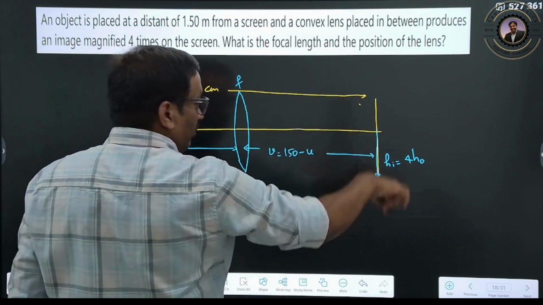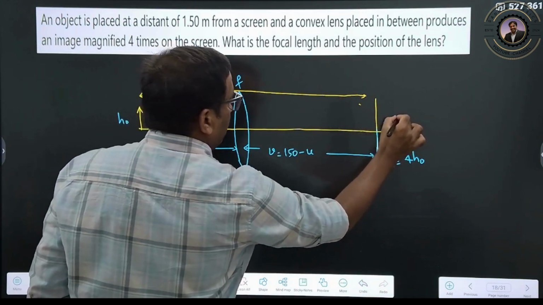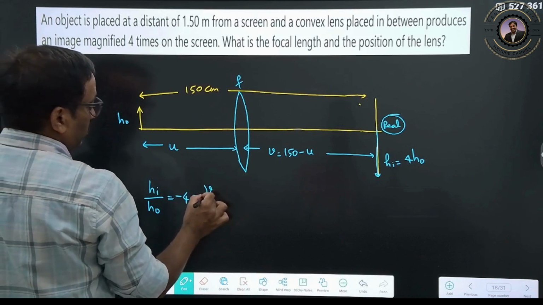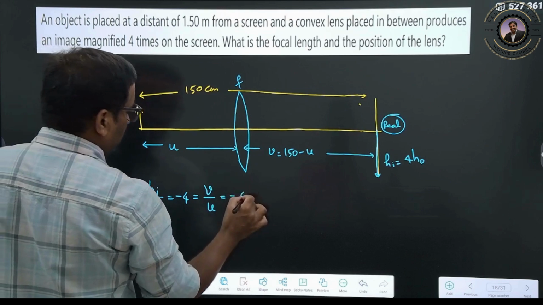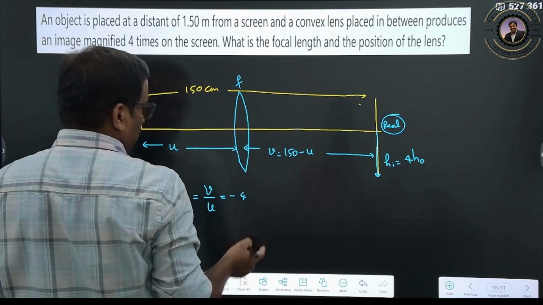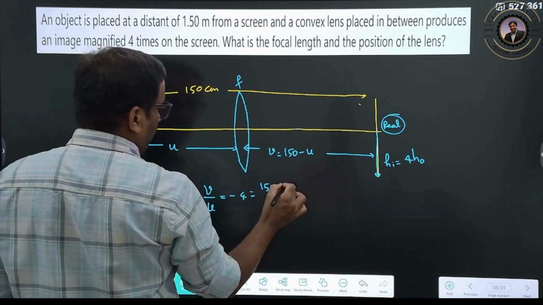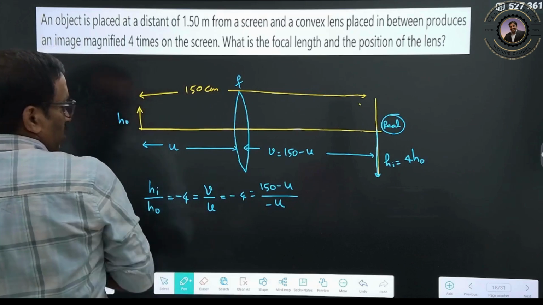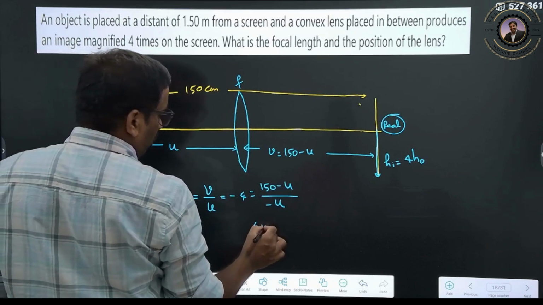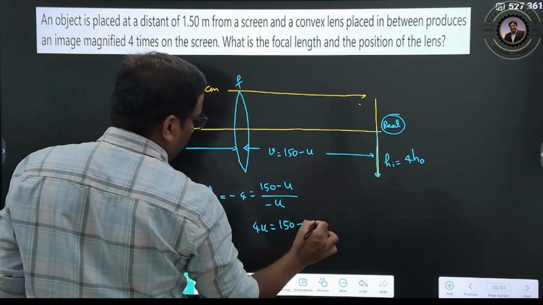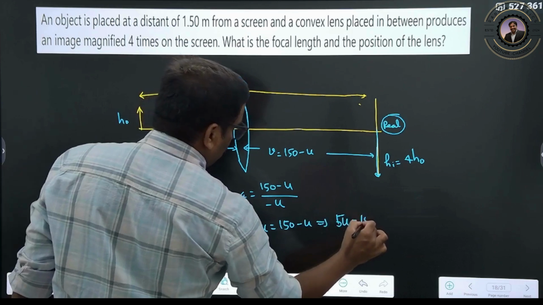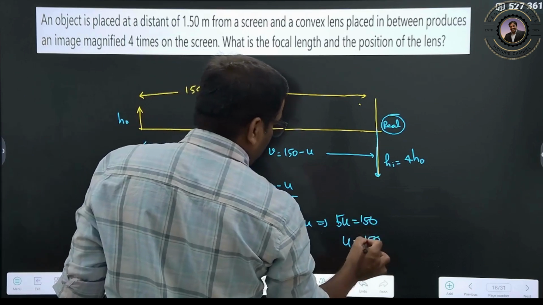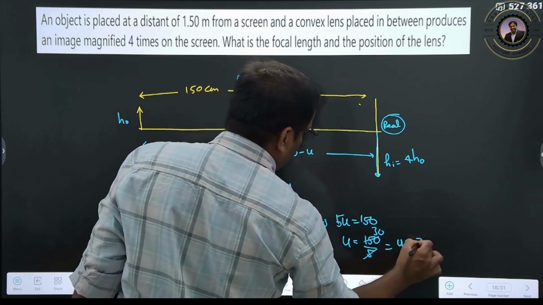The image is inverted and formed on the screen, so it is a real image. So v by u is minus 4, that is, 150 minus u by minus u equals minus 4. Therefore 4u is equals to 150 minus u, which implies 5u is equals to 150, so u is equals to 150 divided by 5, which is 30 centimeter.